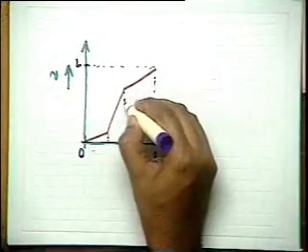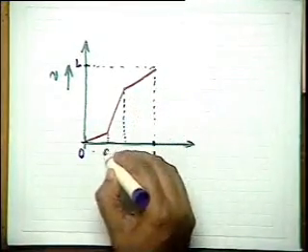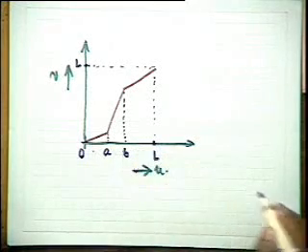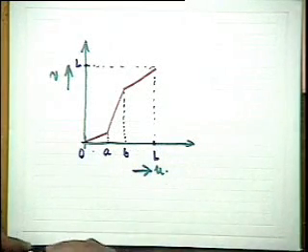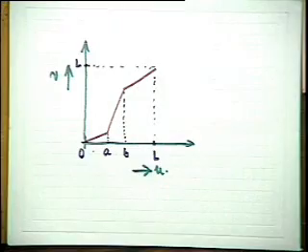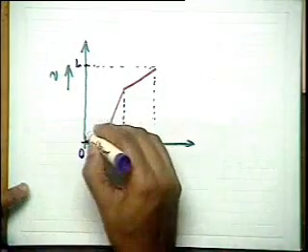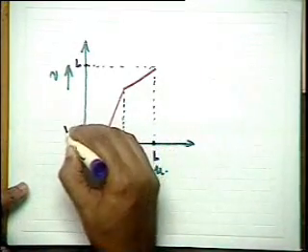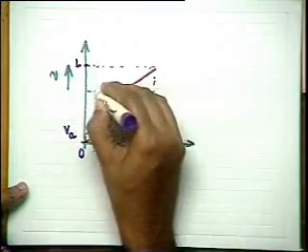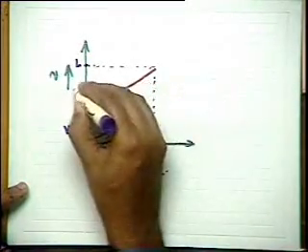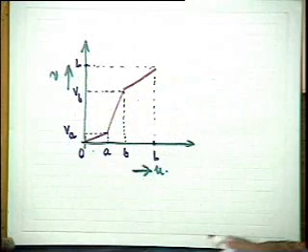Supposing I call this intensity as A, this intensity as B, and the corresponding output intensities I call VA and VB.